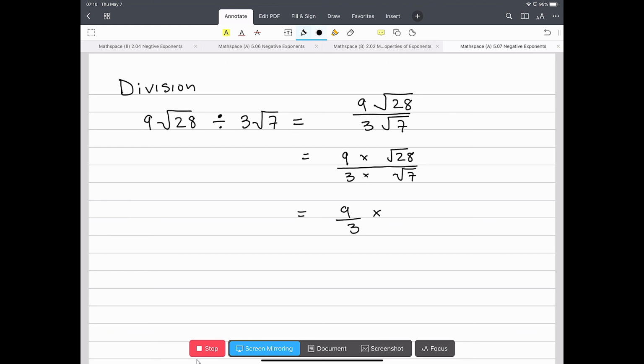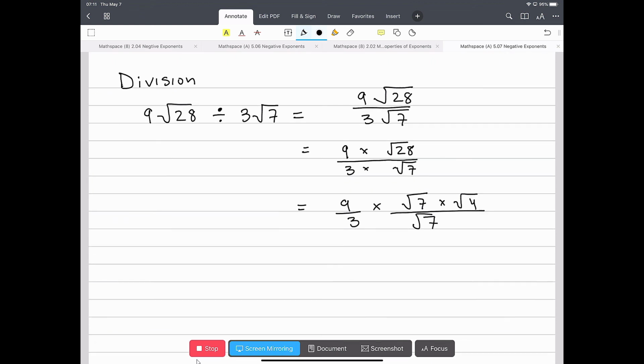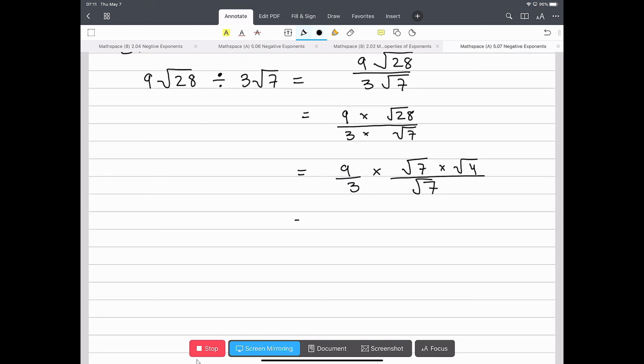I'm just going to break up 28 into the square root of 7 multiplied by the square root of 4. And now we can factor this. So 9 divided by 3 is 3. Those will cancel out.